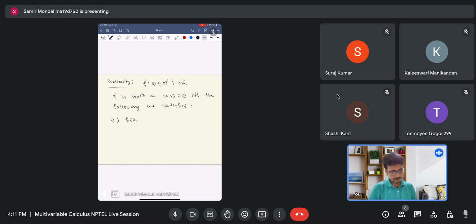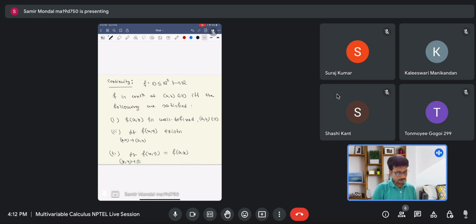One is f of (a,b) must be well defined, when your (a,b) belongs to D. And the second one is the limit of f of xy must exist, when your xy is approaching (a,b). The third one is the limiting value of f of xy must be equal to f of (a,b) when xy is approaching (a,b).